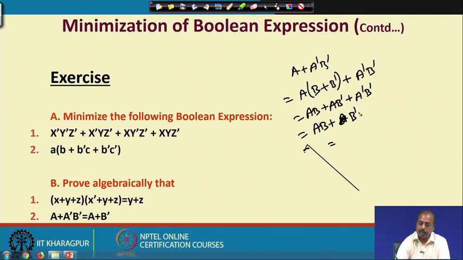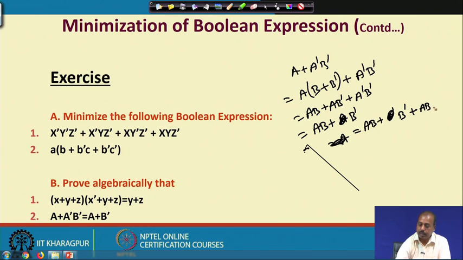Actually, this b bar, it can be written as, so you can show it, or you can start from the other side, like at this point you can take these terms twice.